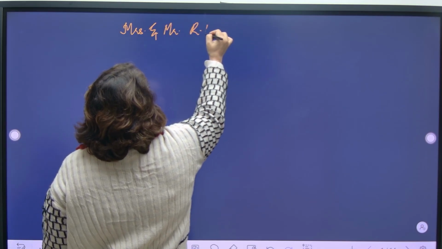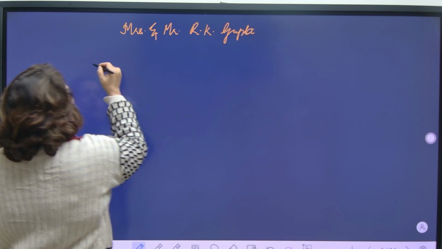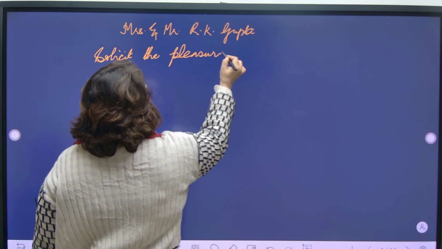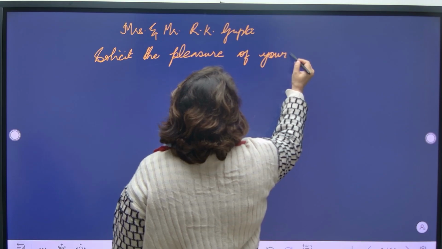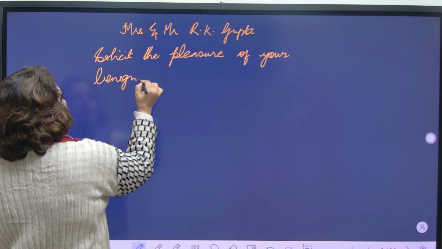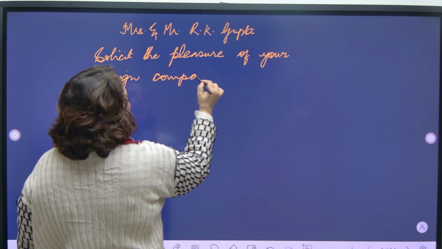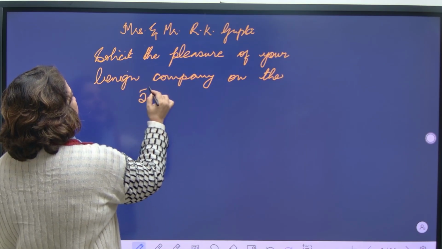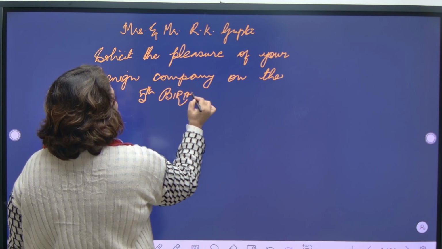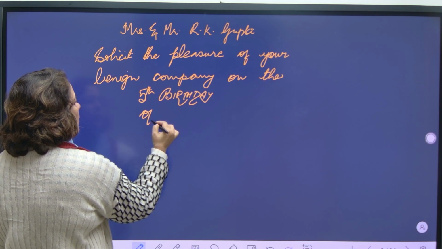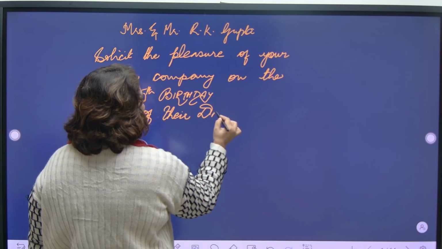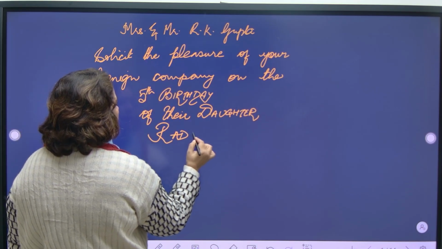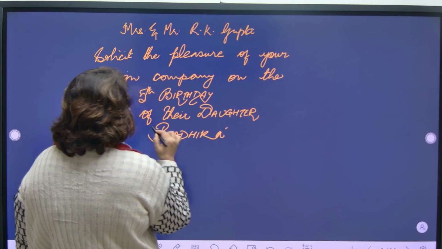Mrs. and Mr. R.K. Gupta solicit the pleasure of your benign company on the, then you will write the number, maybe 5th birthday, relation of their daughter, and highlight the name Radhika.